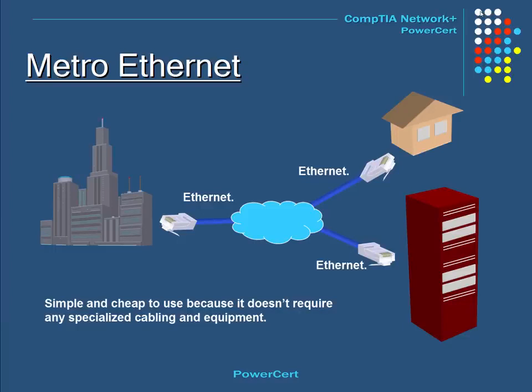It only uses equipment and cabling related to Ethernet, which is by far the most common internet technology today. So even though end users are not sure what technology their internet service provider is providing in the middle, what matters is that on both ends, it's using Ethernet connectivity.